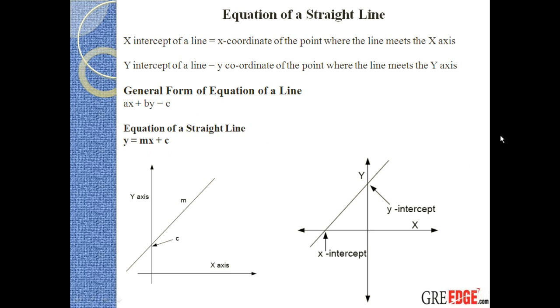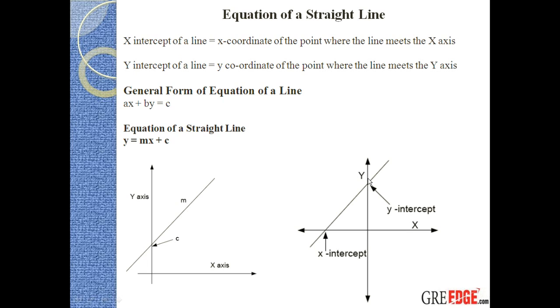Here we have to understand two things, that is x-intercept of a line and y-intercept of a line. When we consider this line in the right side diagram, the line intersects the y-axis at this point. If it makes b units from the origin, then this will be the y-intercept of the line. It is the y coordinate of the point because it makes 0 units on the x-axis.